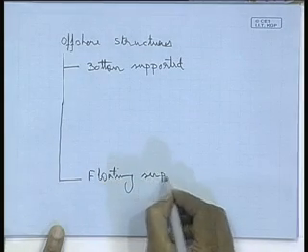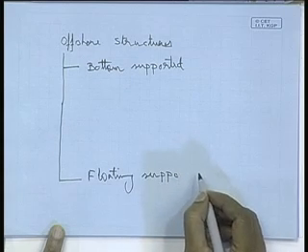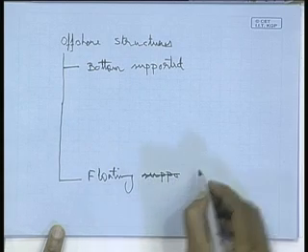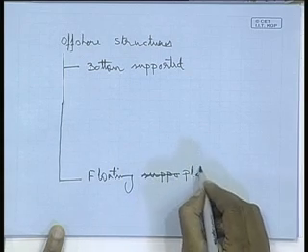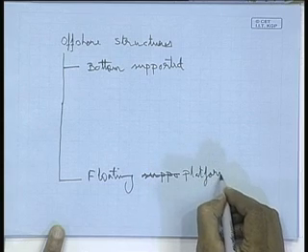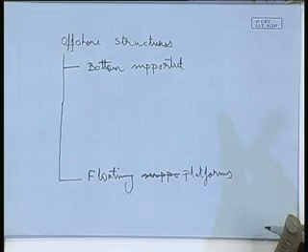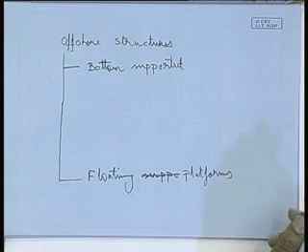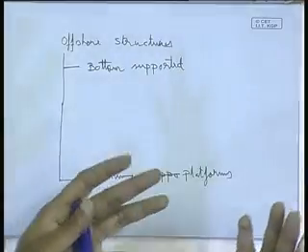So the fundamental difference: bottom supported ones are those which are sitting on the so-called seabed, and the floating platforms are floating. So obviously, the bottom supported ones are the shallow depth ones, which could be used only for a shallow depth, right.